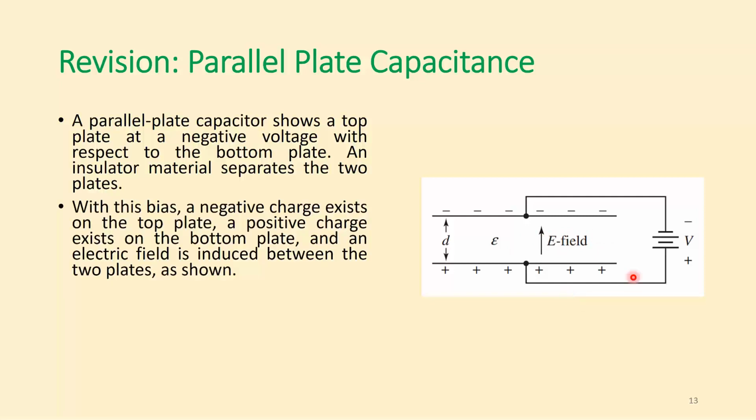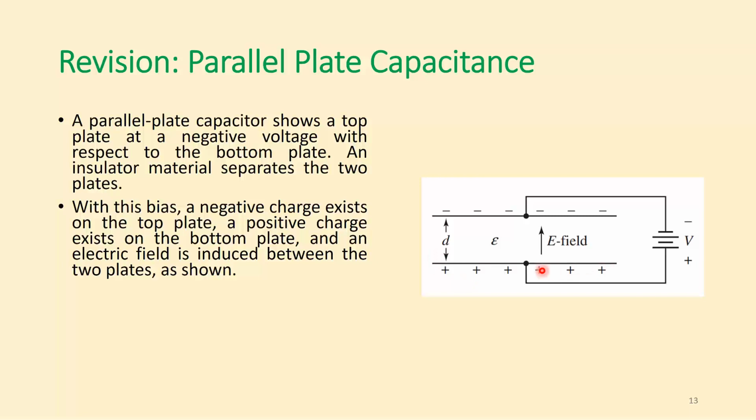So with this bias, if you apply negative voltage at the top and positive voltage at the bottom with this DC voltage source, a positive charge would exist on the bottom plate, and an electric field is induced between the two plates as shown.